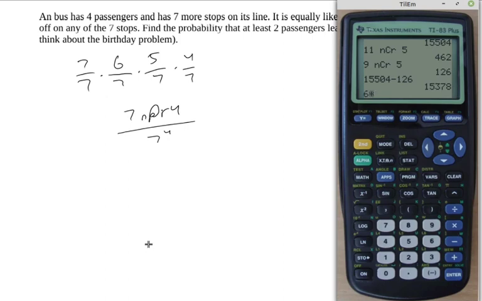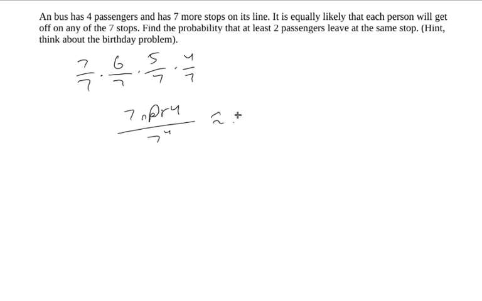7 times 6 times 5 times 4 divided by 7 to the 4th, which gives us 0.3499. This is the probability, all distinct.